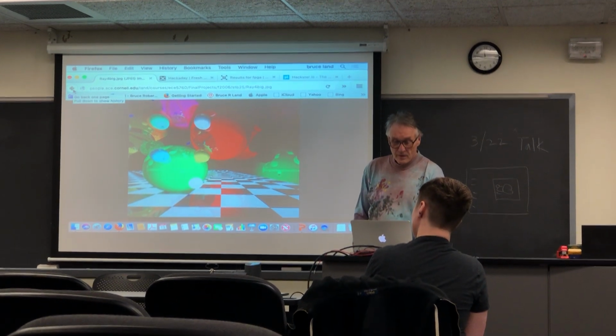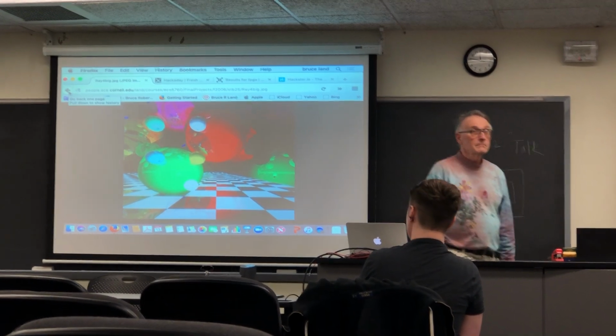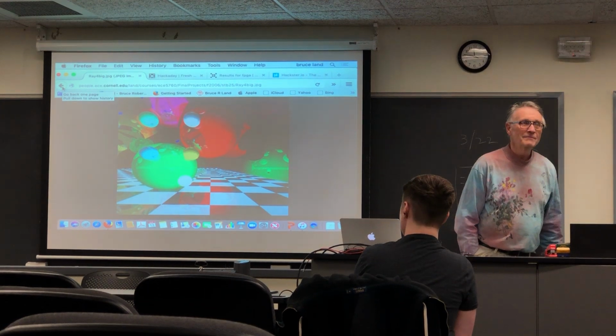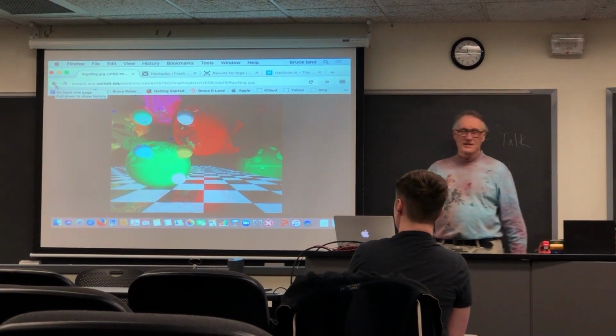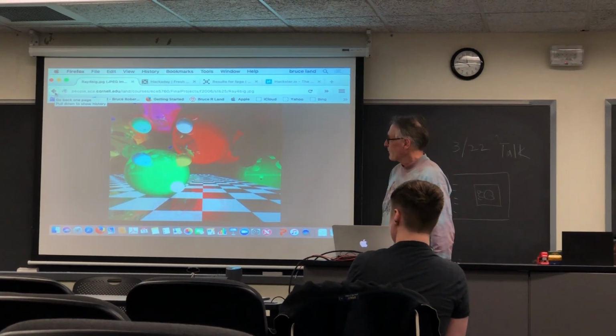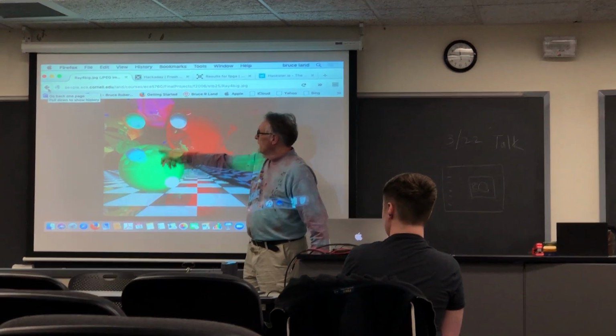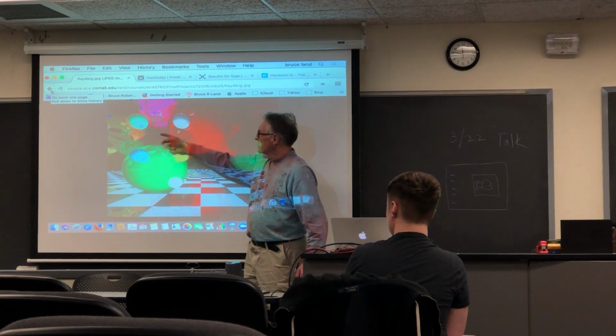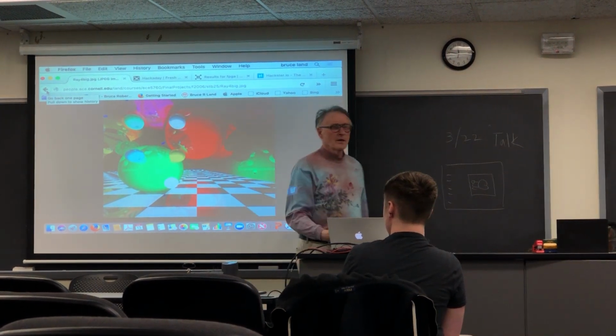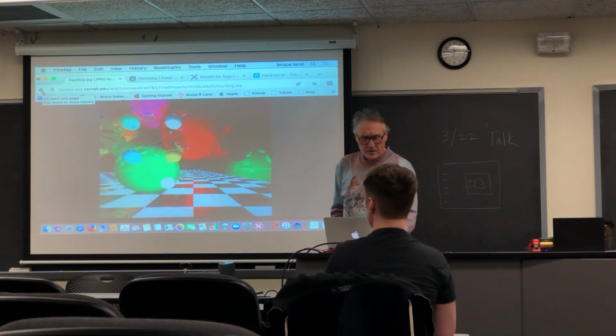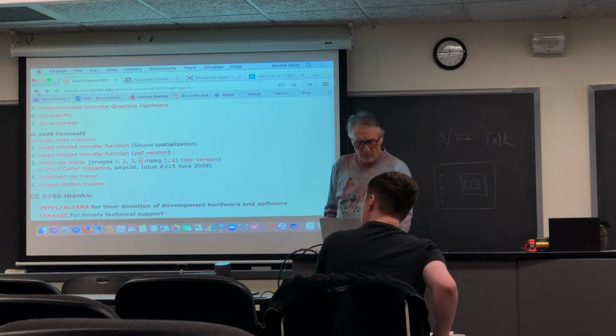Why spheres and planes? They're easy in ray tracers. You see there's recursive shadows, recursive images of spheres on spheres. So you have to do some recursion of rays to make this go.